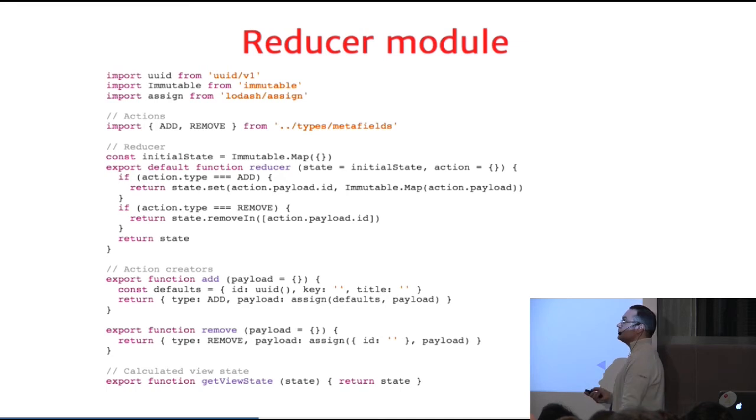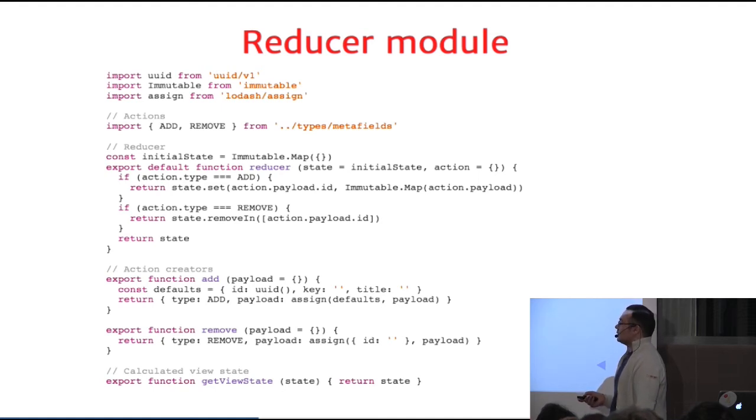So I don't have to devise it, though I can, and you will see that in the tests. So I simply supply key and title as a payload to the action creator, and it generates the appropriate UID itself.